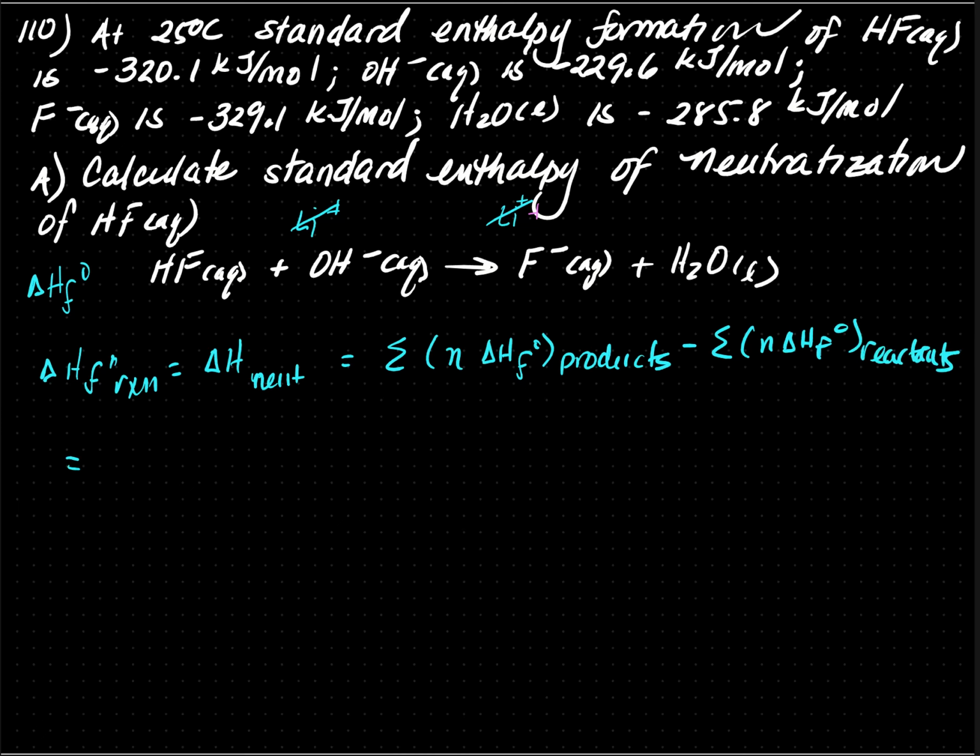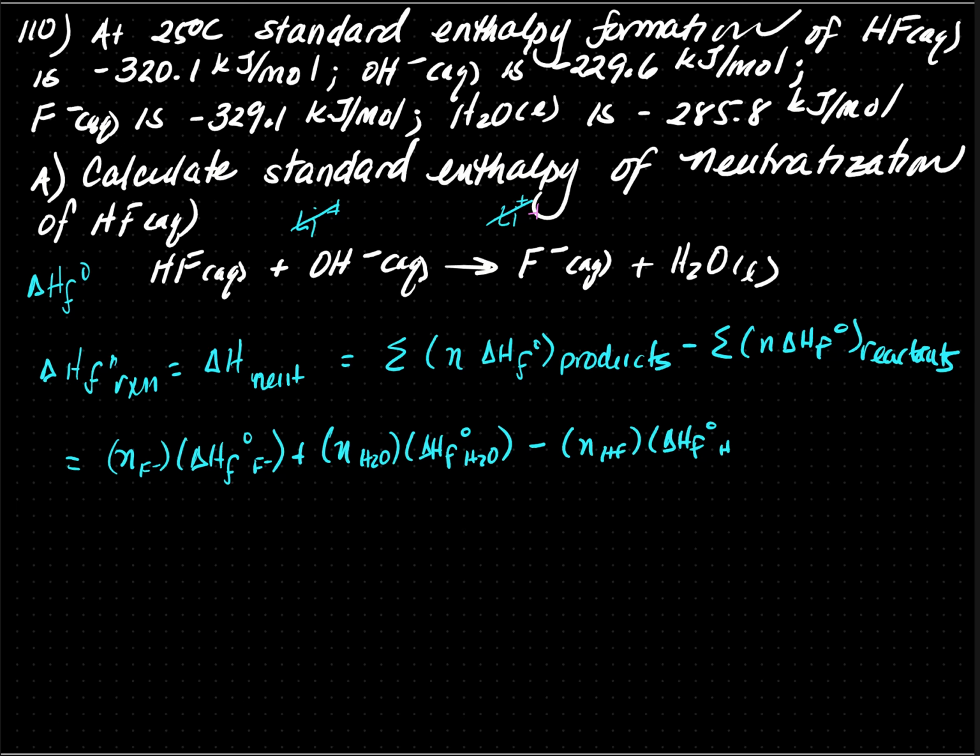So this will be the moles of F minus times delta HF naught of F minus plus the moles of water times the delta HF naught of H2O, minus the reactants, which is the moles of HF times delta HF naught of HF, minus, because it's also a reactant, the moles of OH minus ion times delta HF naught of OH minus ion.